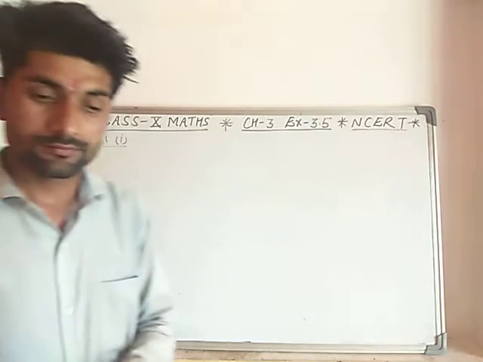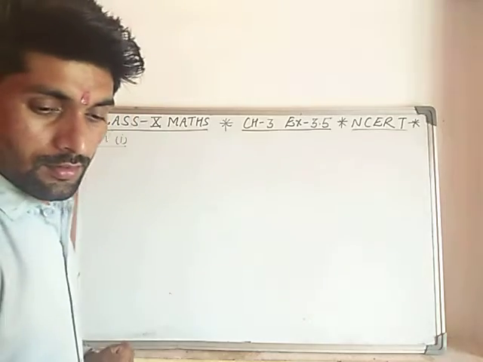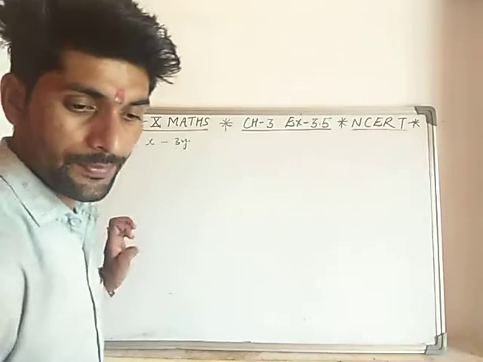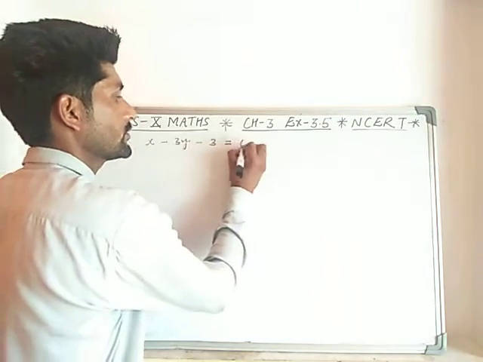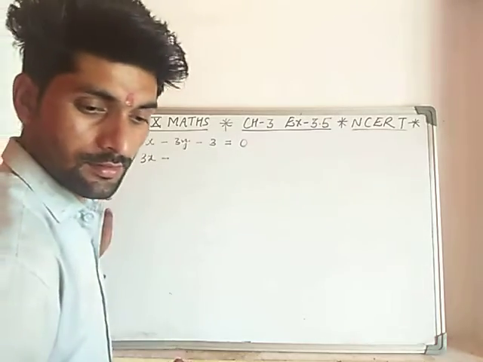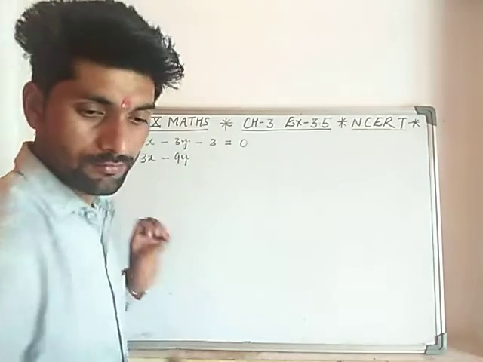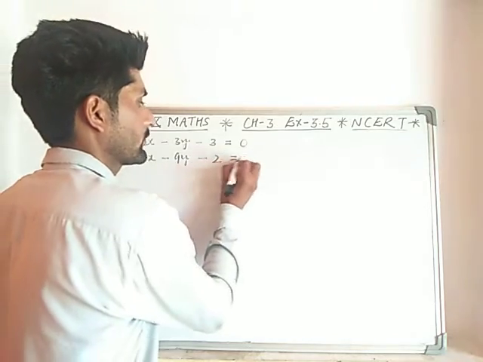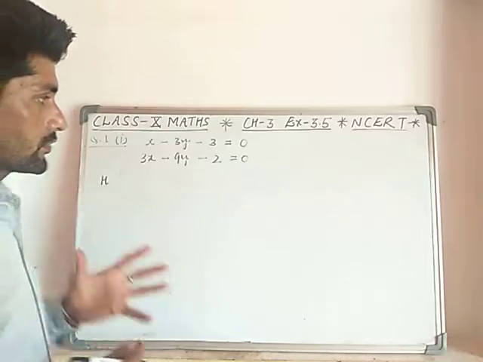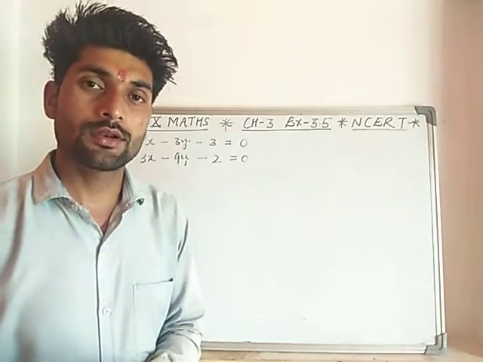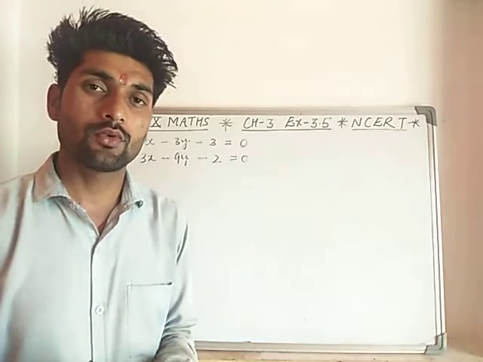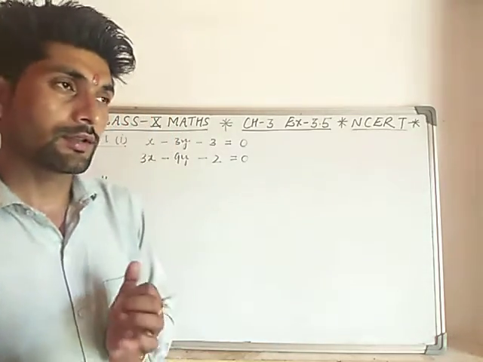first part. The first part is given: x minus 3y minus 3 equal to 0, and 3x minus 9y minus 2 equal to 0. So here, to check whether it has a unique solution, no solution, or many solutions, we have to find the ratios a1 upon a2, b1 upon b2 and c1 upon c2, and check their relationship.